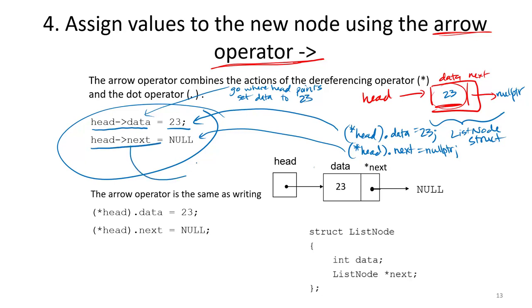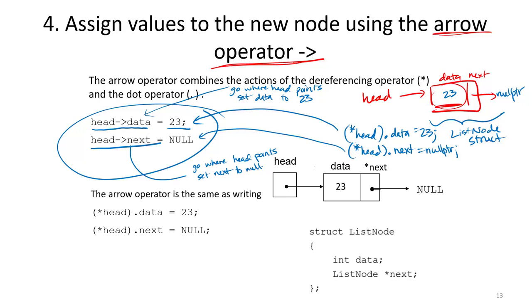Head arrow next would tell us to go where head points, and set next to null. So the arrow operator is a very powerful tool, very powerful shortcut.